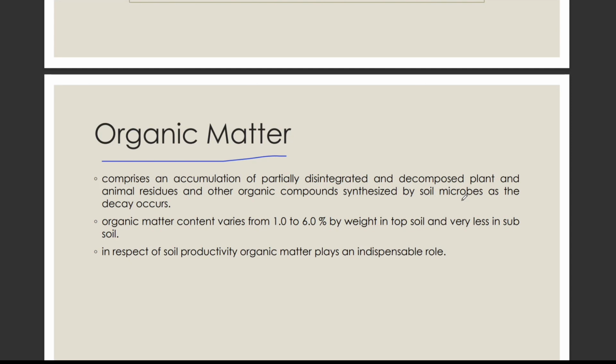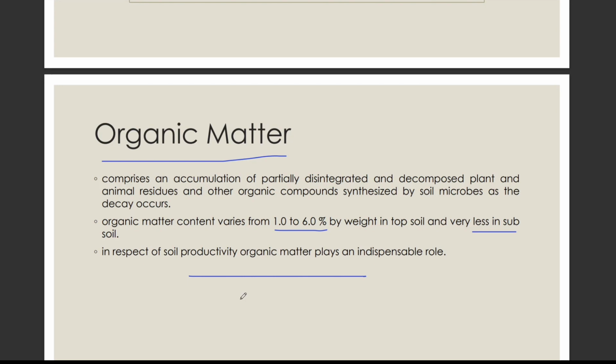Not only plant material, animal residues will also be changed into organic matter. This organic matter is very important for soil, and it is mainly present in the topsoil, and its percentage varies from 1 to 6%, and it is very less in subsoil.